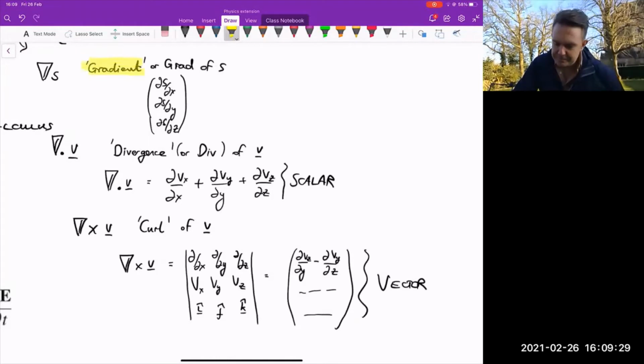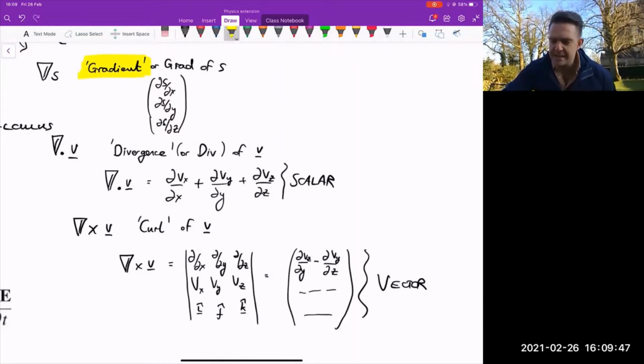I'll tell you what each of them means now. The gradient is basically the slope as it is normally. So if you have a function, let me draw a field. Say I have a field, which is a load of arrows in space.